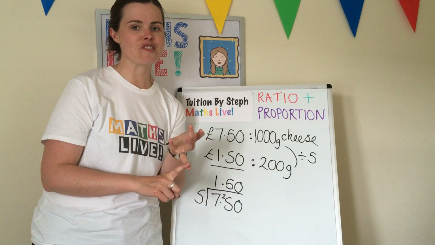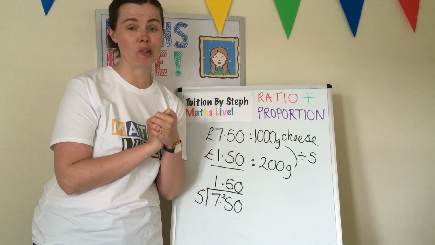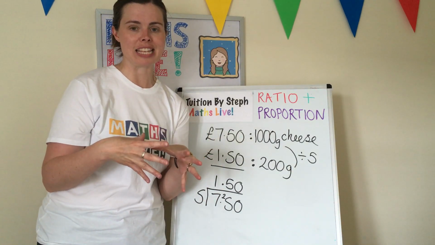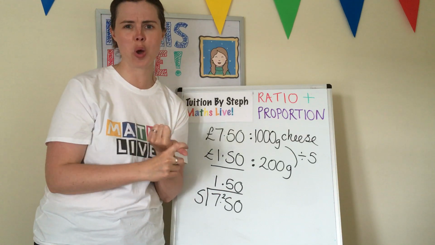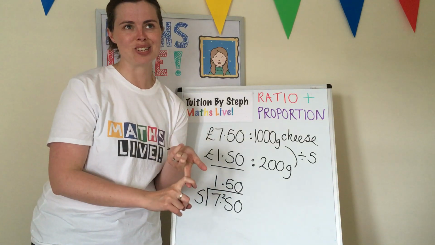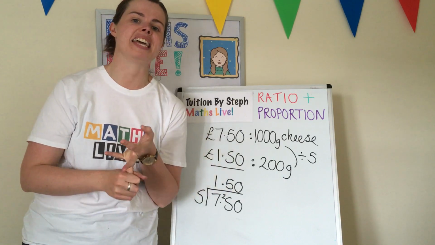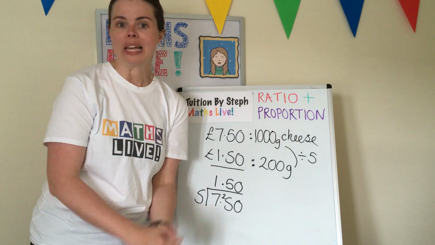So it's average data, finding the mean, median, mode, and range. I'm sure a lot of you have already looked at that, and I'm really going to break it down and make it nice and easy. We're going to do one day at a time. So I think we're going to do the mode on Monday, and then the median on Tuesday, and the mean on Wednesday, and then range on Thursday, and then as ever on the Friday, we'll do some word problems linked to all of them.